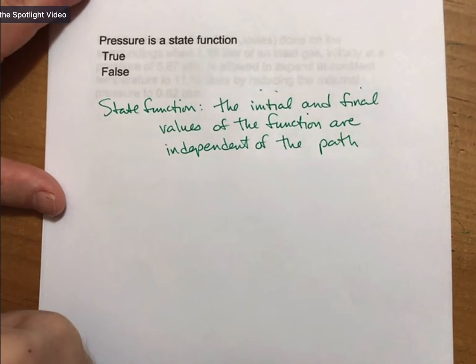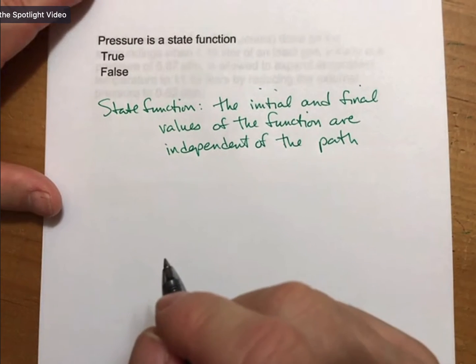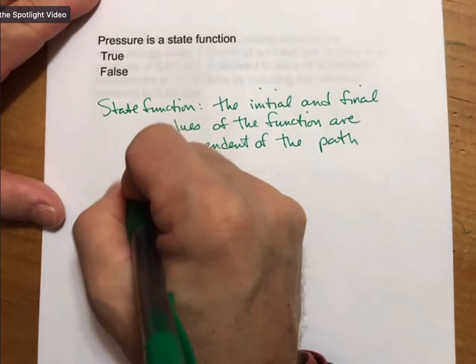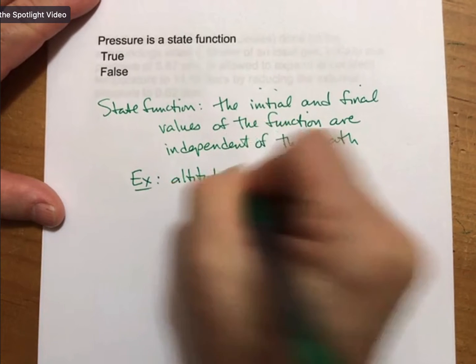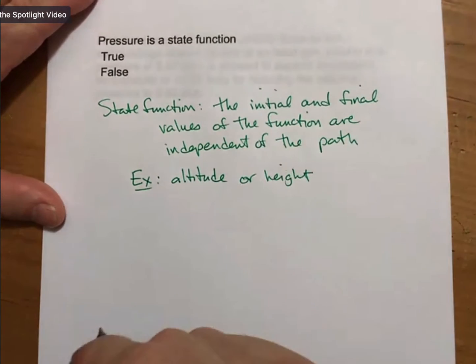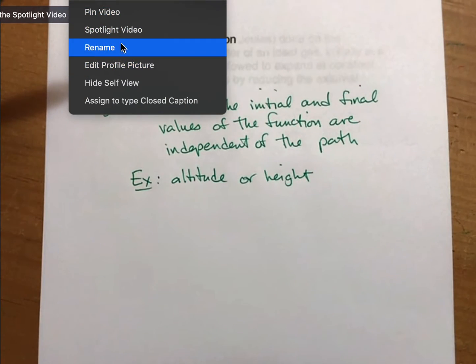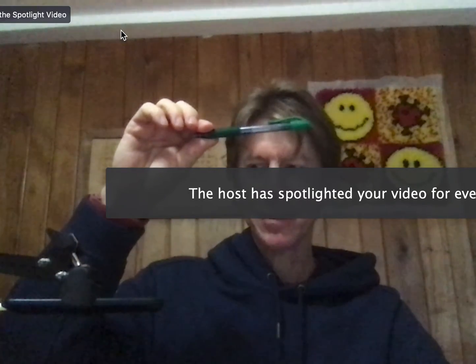And the example I gave in the lecture outlines was altitude or height. So example, altitude or height. And my example right now is going to be height of this pen.